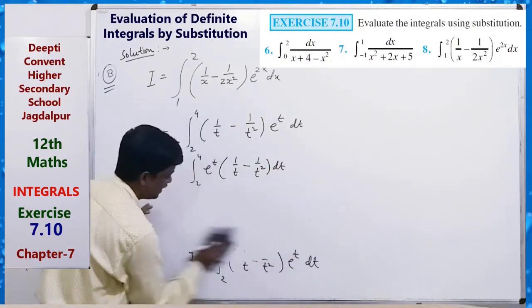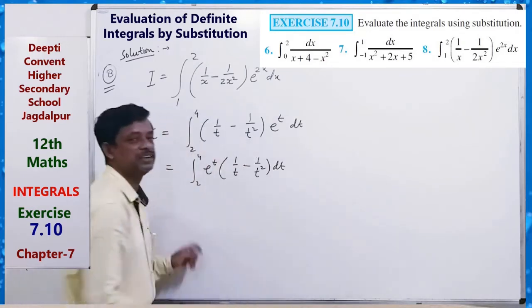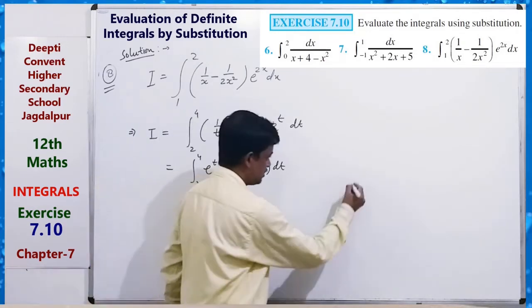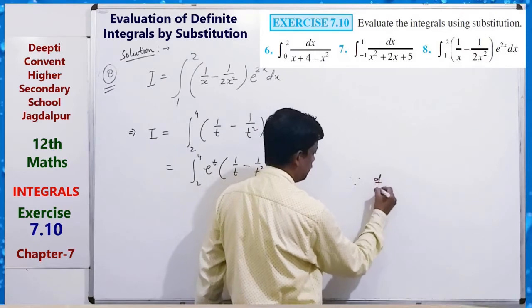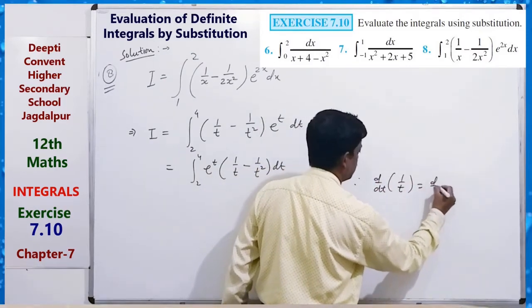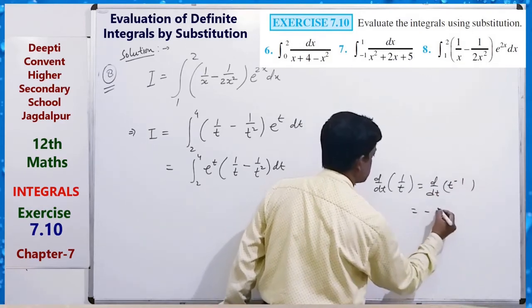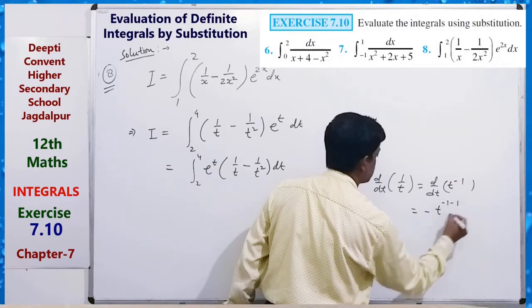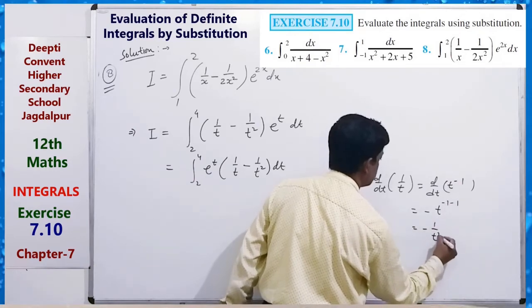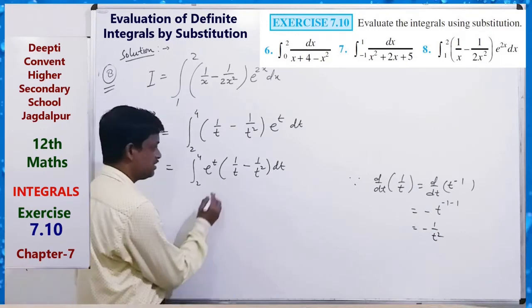So we see that the derivative of 1 by t is minus 1 by t square, since d by dt of 1 by t is d by dt of t power minus 1, so minus t power minus 2, that is minus 1 by t square.